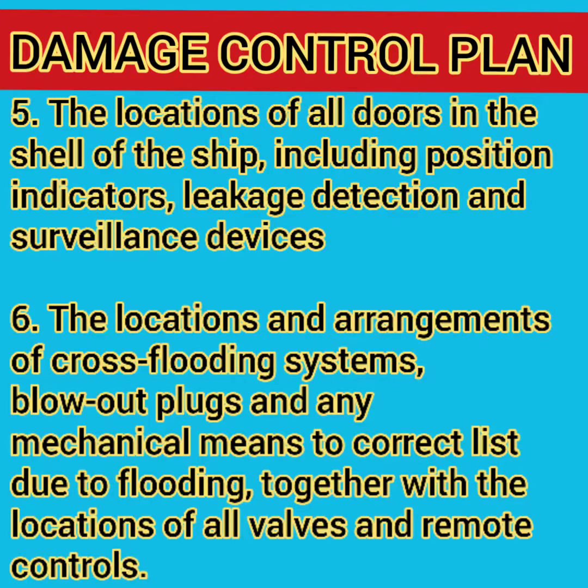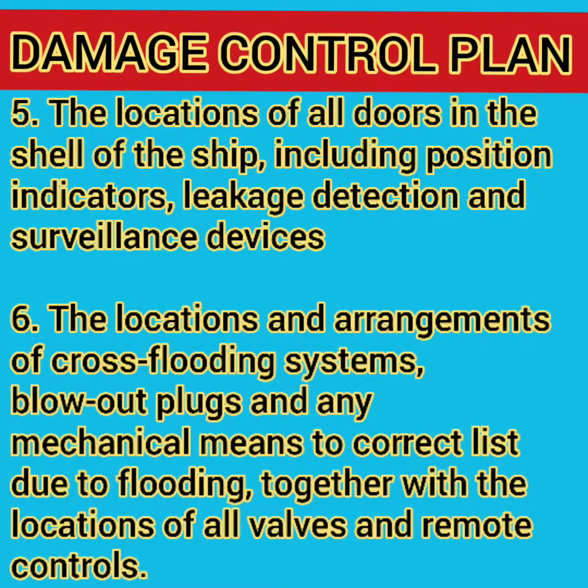And when I know that these doors are there on the shell of the ship, I want to know if there is a position indicator, leakage detection device, or any other surveillance device because they are on the shell of the ship. So having this information in hand in the form of a plan is really important in case of damage. So just remember 5 points about this.